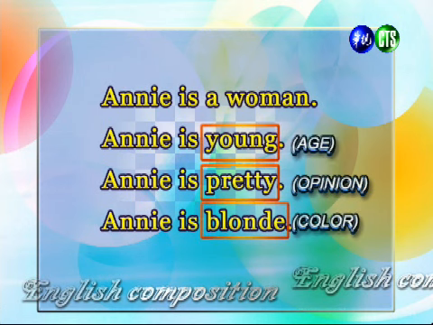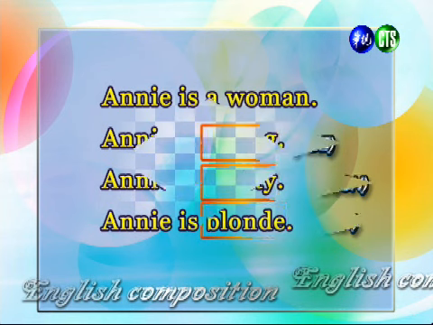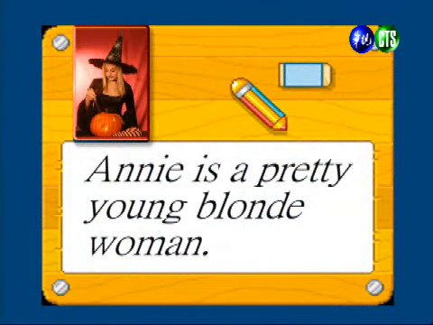So we can write this sentence: Annie is a pretty young blonde woman. And so you can see here, we reduced the words we wrote from 13 words to 7 words, meaning we got rid of almost 50% of the words from our original sentence.